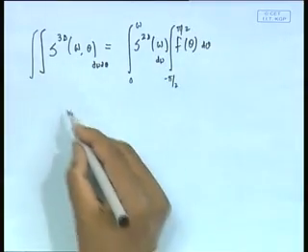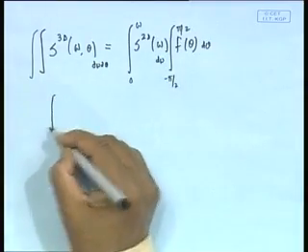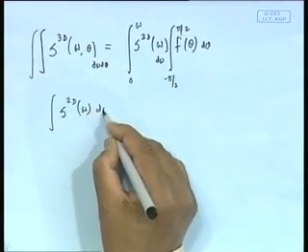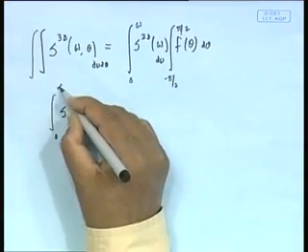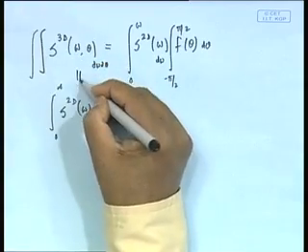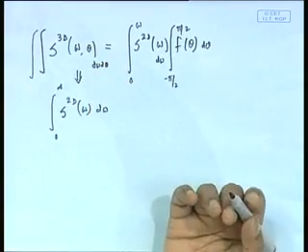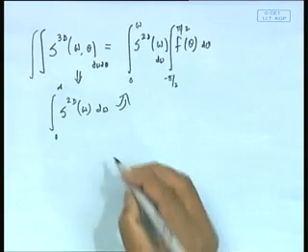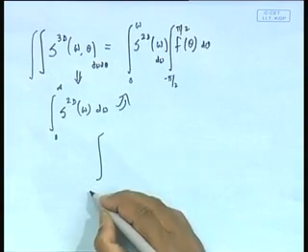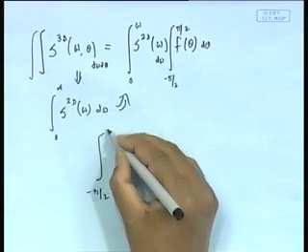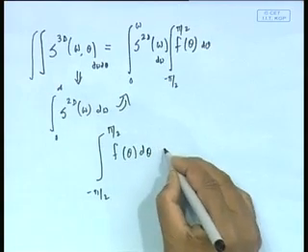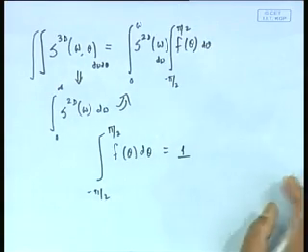Now, however, understand that this side is also the same as S2d omega d omega, because we found the area is the same. So, if this is the same as this, what do I get? I get that the integral from minus pi by 2 to pi by 2 must be equal to 1.